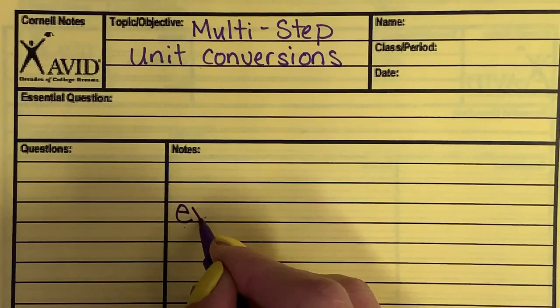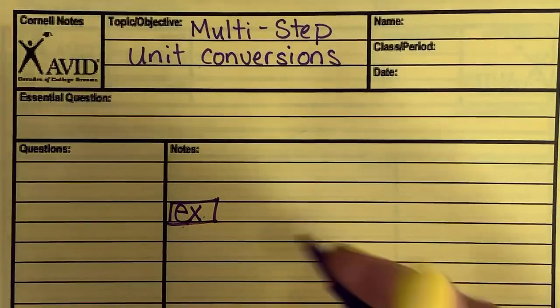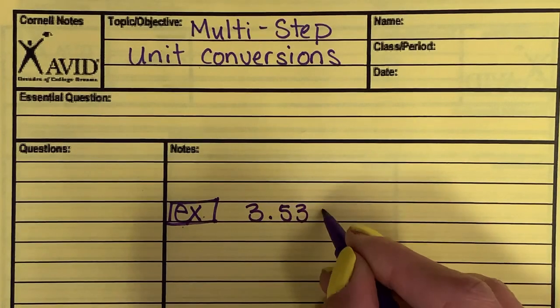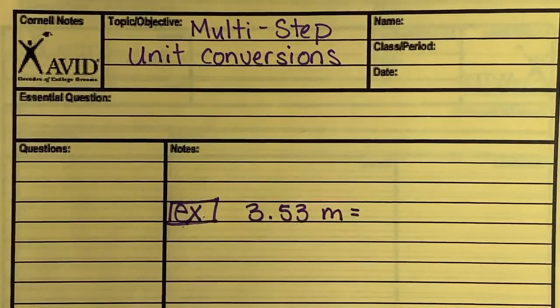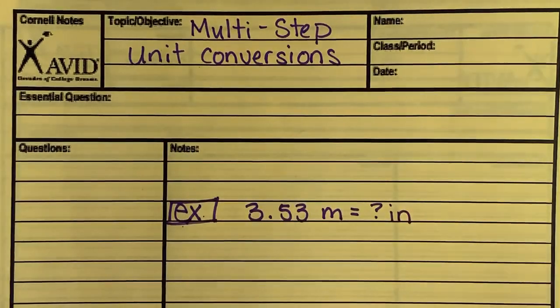Let's say I'm told that I have 3.53 meters, and I want to find out how many inches that is. Unfortunately, I'm not given an equivalent statement that tells me how many inches are in a meter.